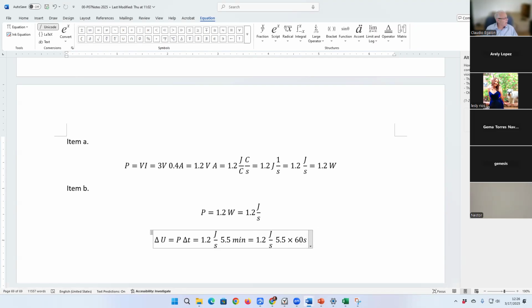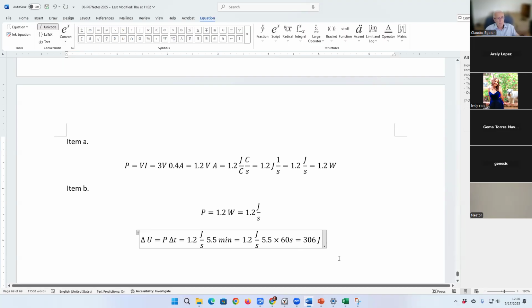Then do the math, right? 1.2 times 5.5 times 60. 5 minutes is 300 seconds, and five and a half minutes is 330 seconds. What we end up getting is 396 joules.